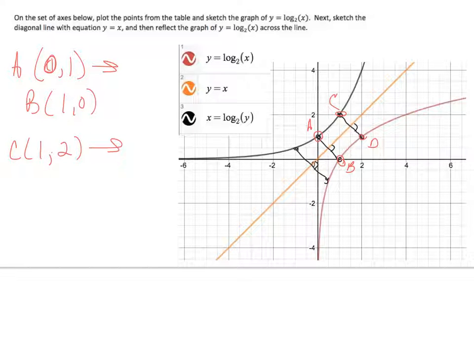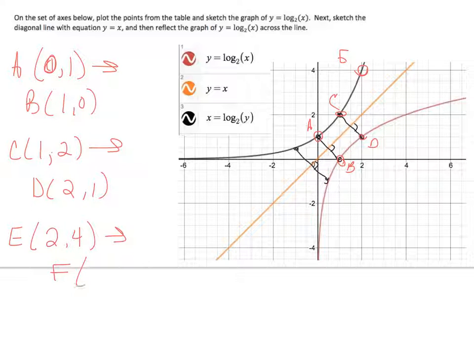Reflected over the diagonal y equals x, and I'm going to get D, which is 2, 1. Okay, they're all going to work like that, no matter what point you find. If I find E, what should F be? E is 2, 4. F is going to be 4, 2. Very cool.